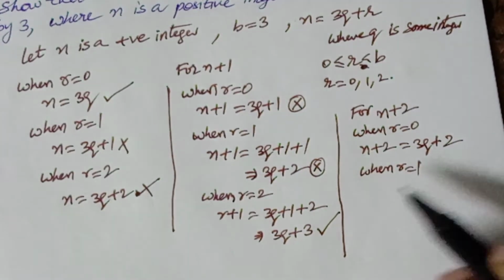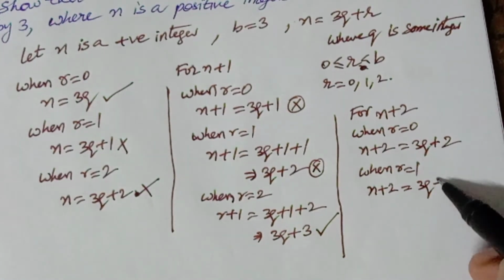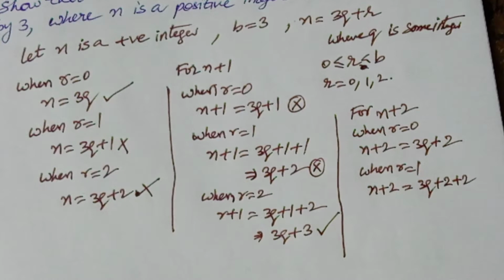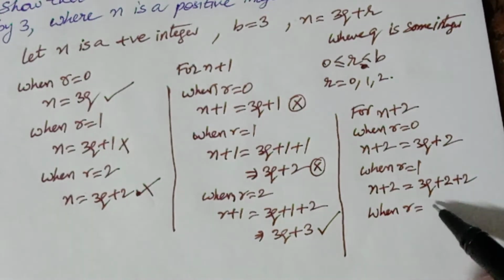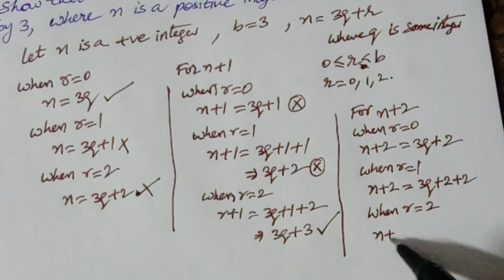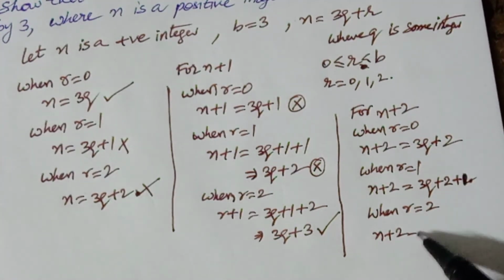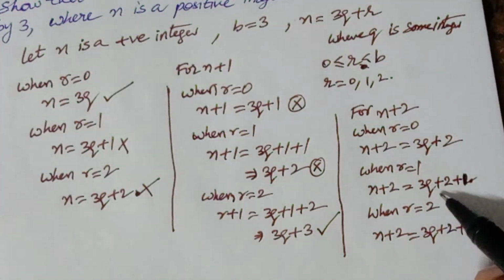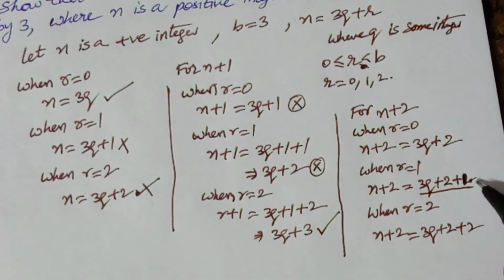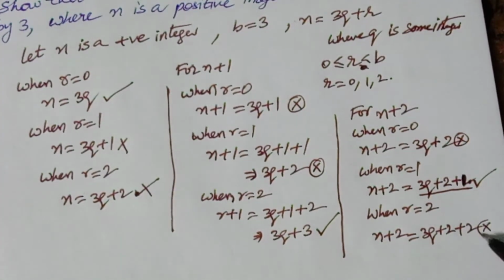When r is equal to 1, n plus 2 is equal to 3q plus 1 plus 2, so here you can get 3q plus 3. When r is equal to 2, n plus 2 is equal to 3q plus 4. This is divisible by 3. This is not divisible by 3. This is not divisible by 3.